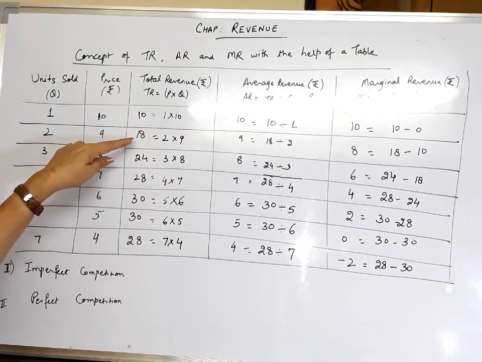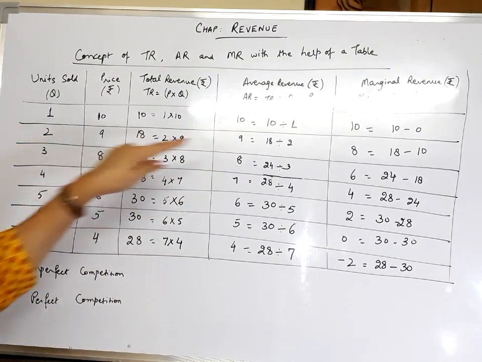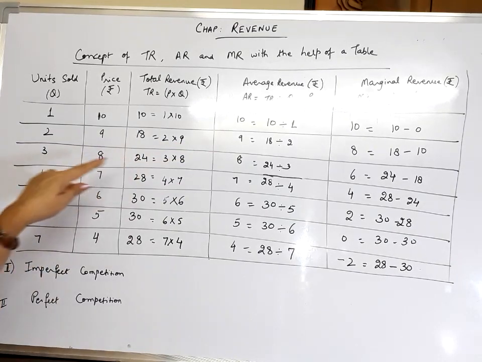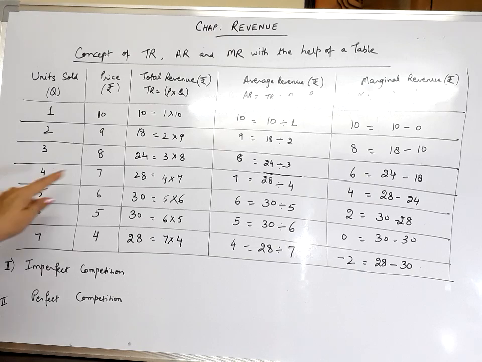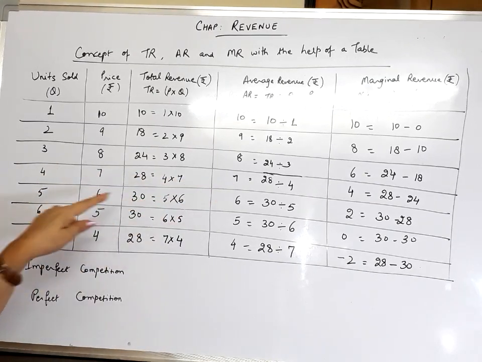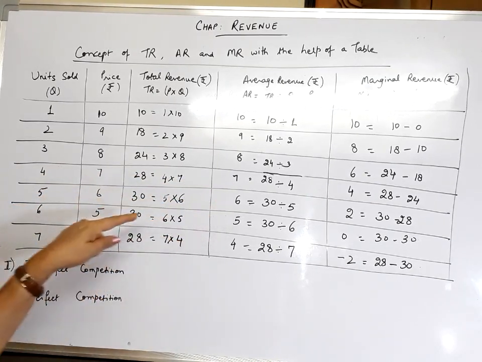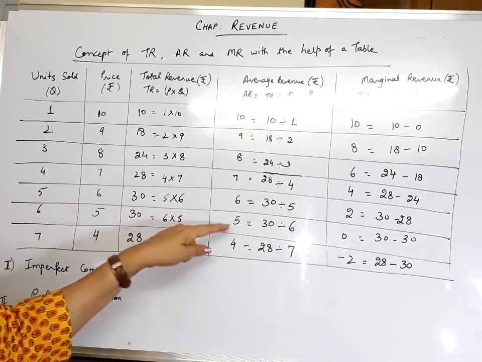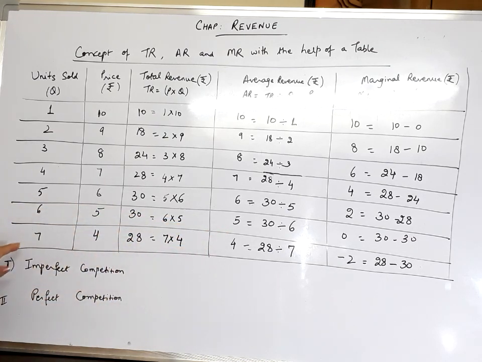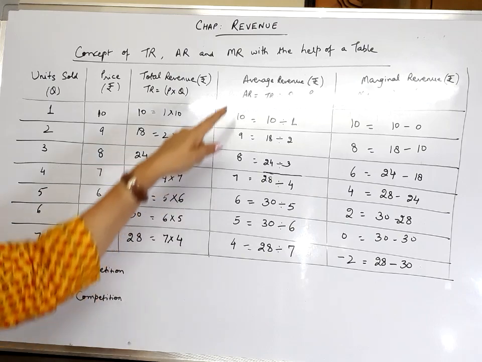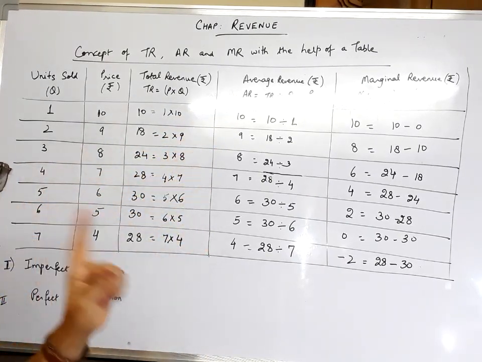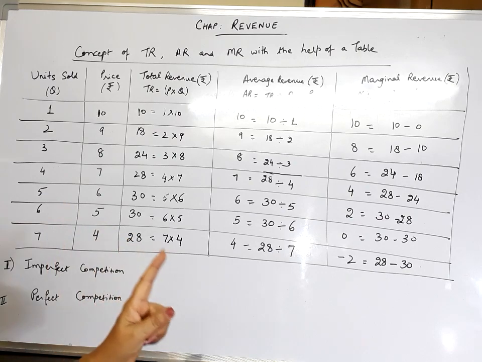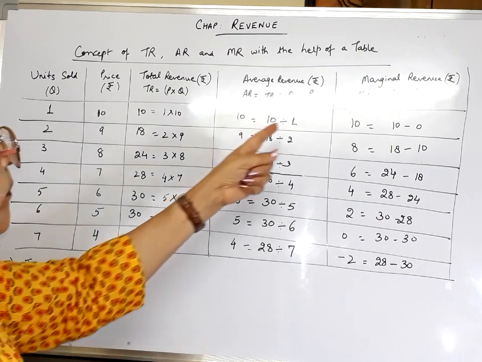For 2 units, 18 divided by 2 is 9, 24 divided by 3 is 8, 28 divided by 4 is 7, 30 divided by 5 is 6, 30 divided by 6 is 5, 28 divided by 7 is 4. This is how you calculate your average revenue. Average revenue is always taken to be equal to the price per unit.